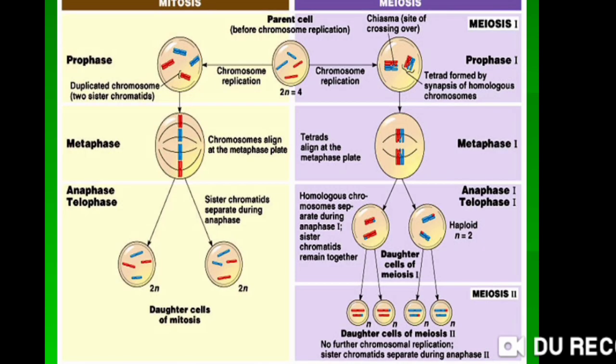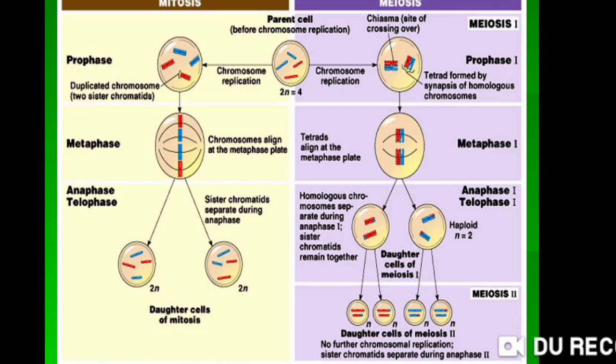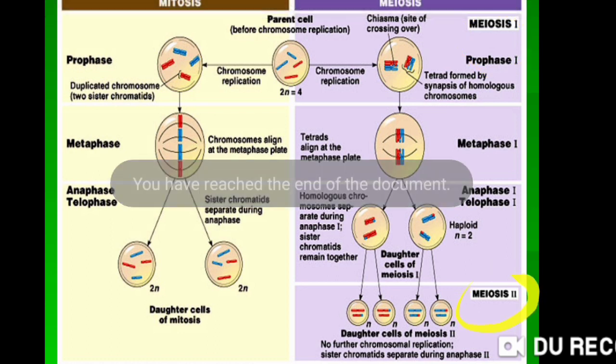Now here is a picture depicting mitosis and meiosis. Mitosis occurs in four phases: prophase, metaphase, anaphase and telophase. Whereas meiosis occurs in two stages, meiosis 1 and meiosis 2.